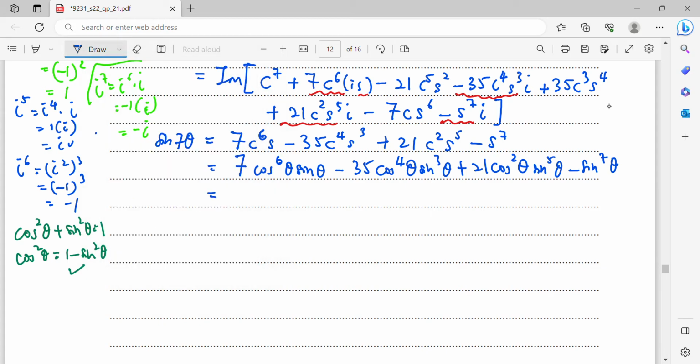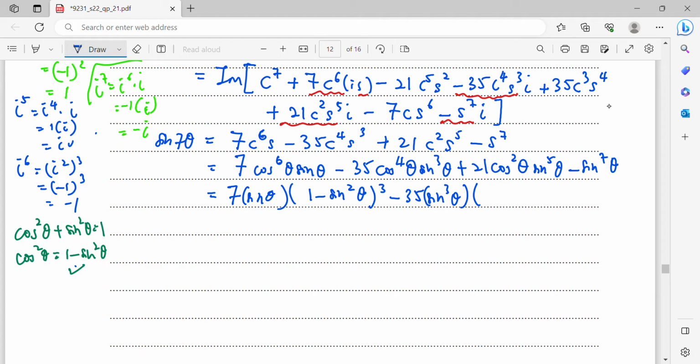So this cos^6 theta is basically cube of cos squared. So I will write 7 sine theta, then cube of cos squared. The cos squared I change to 1 minus sine squared, so 1 minus sine squared theta. Okay, then minus 35 sine^3 theta.